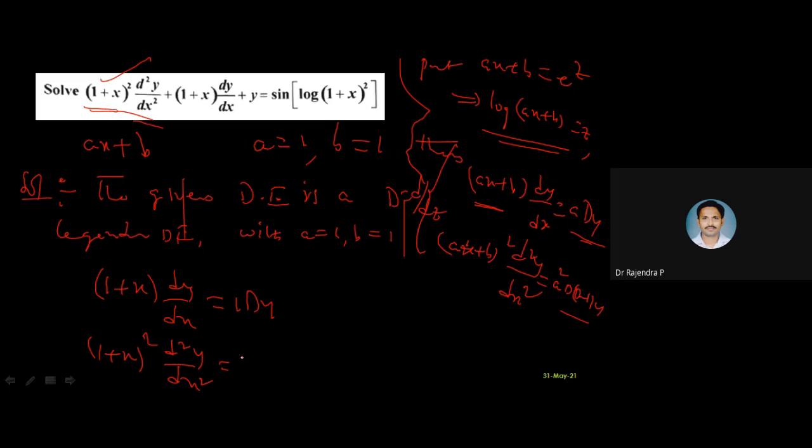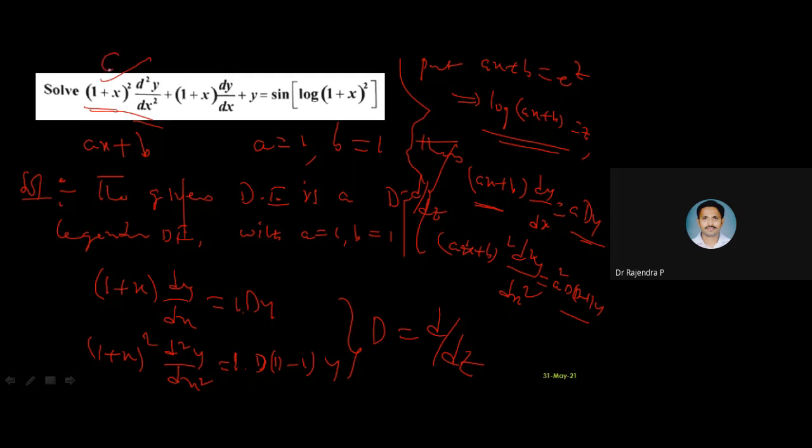A value is 1, so 1 into D minus 1 into y. Understood this step? What does D stand for here? D by dz. So these are the substitutions we have to do in the given equation.